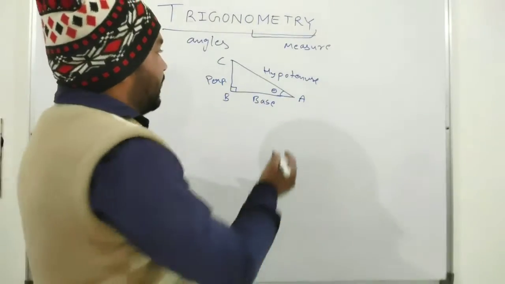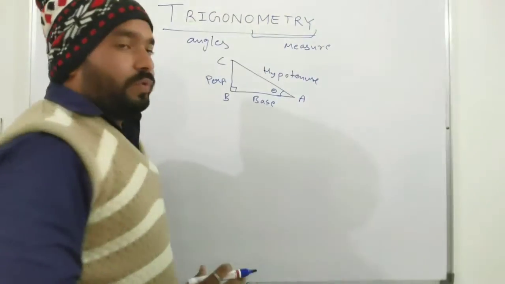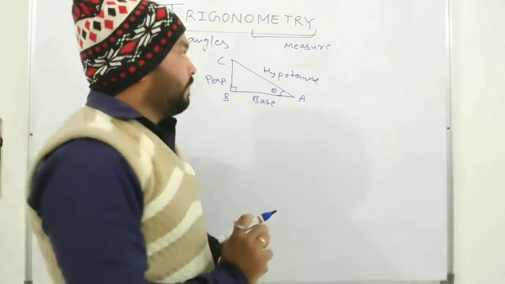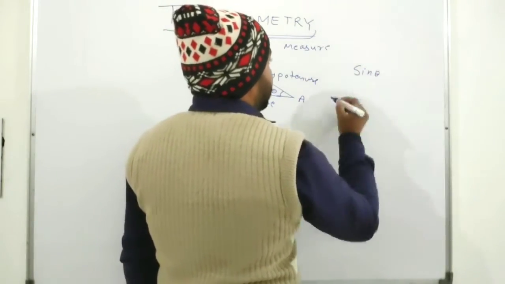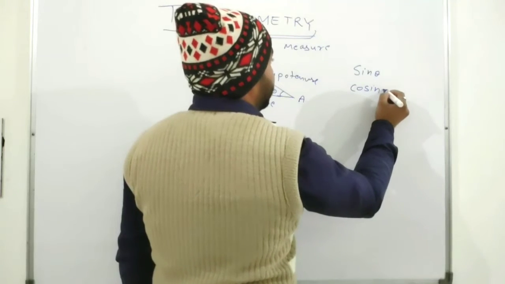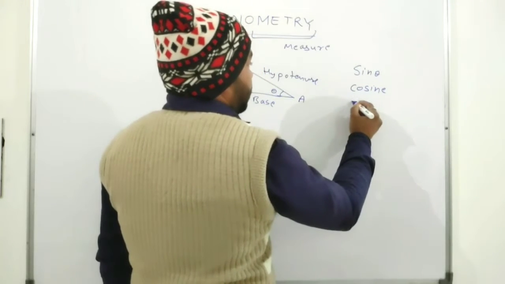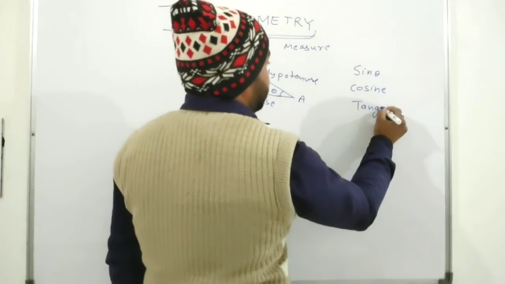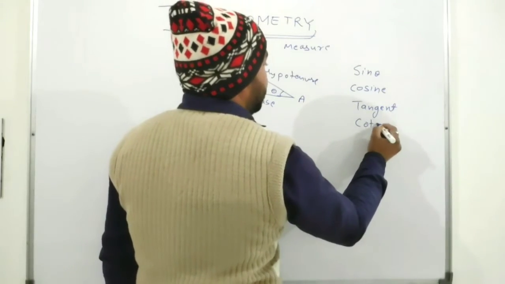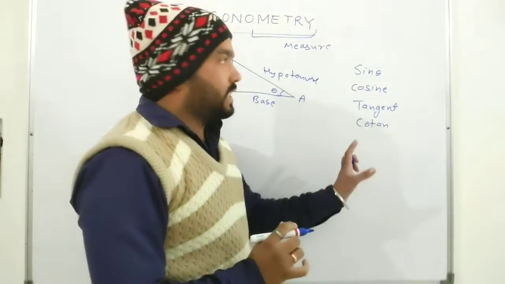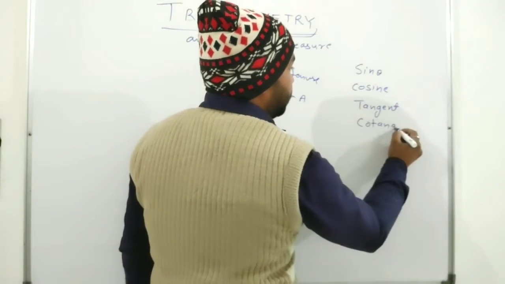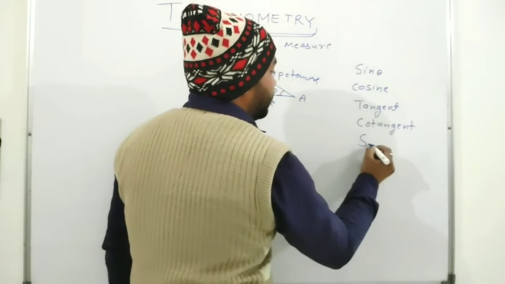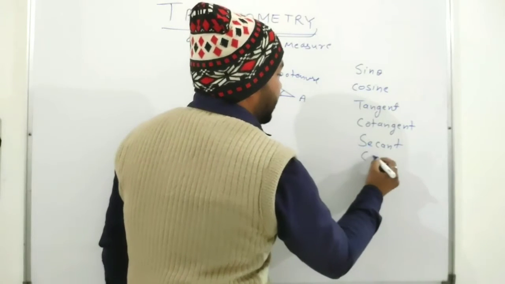Dear students, we have 6 trigonometric ratios: sine, cosine, tangent, cotangent, secant and cosecant.